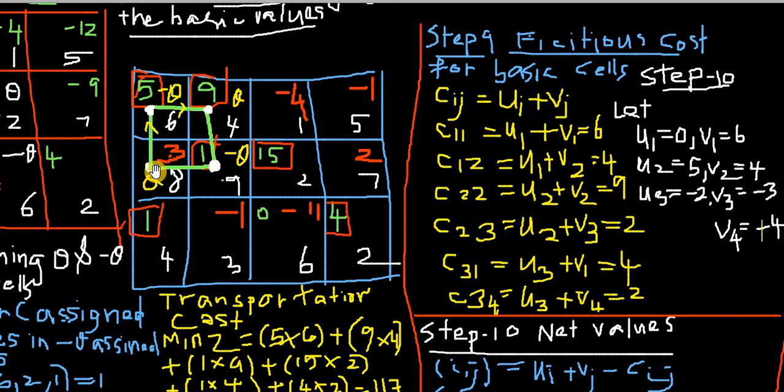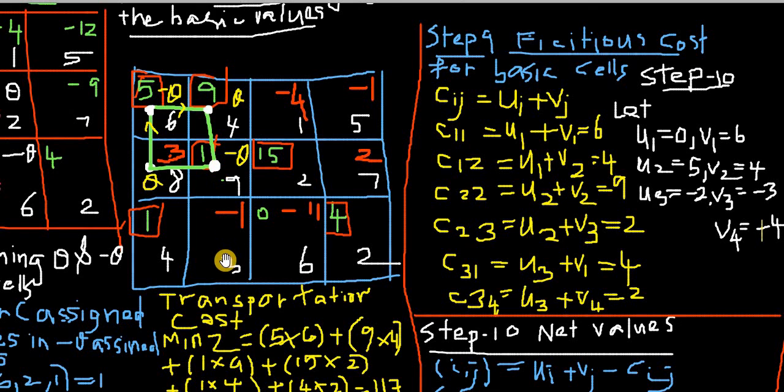I told you how to make a loop. It has to go in this direction or this direction, and you should have the corner points as basic cells. On the way, you should not have any other basic cells. Here one basic cell comes, then I am coming here. I cannot go further, no basic cells. Here's a basic cell, so I can come down.